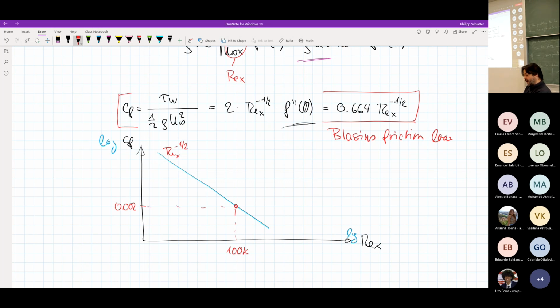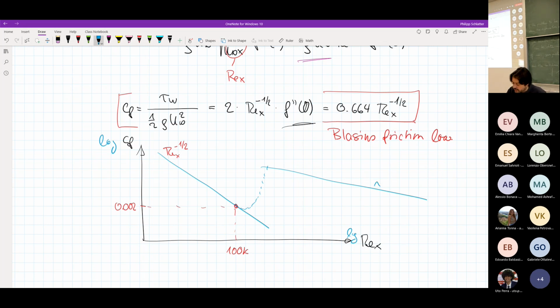Now, of course, the point is, this is a laminar boundary layer, and as we have discussed earlier in the course, a laminar boundary layer would not stay laminar all the time, because at some point we may have transitioned to a turbulent state. So at some point you would actually have an increase of the friction when the flow becomes turbulent, and you would go to another correlation as we had for Couette and pipe flow earlier.